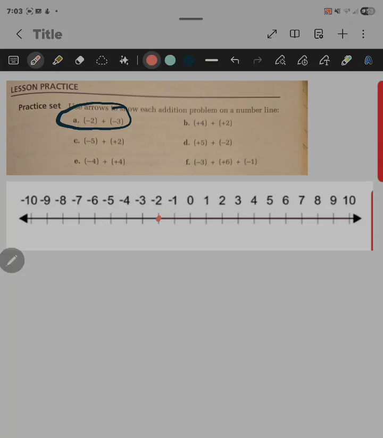So anytime we add negative numbers, we go to the left. Okay, so how many times are we going to go to the left? -3. So we go 1, 2, 3. So if we add, now where are we at? We are at -5. So the answer to letter A is -5.